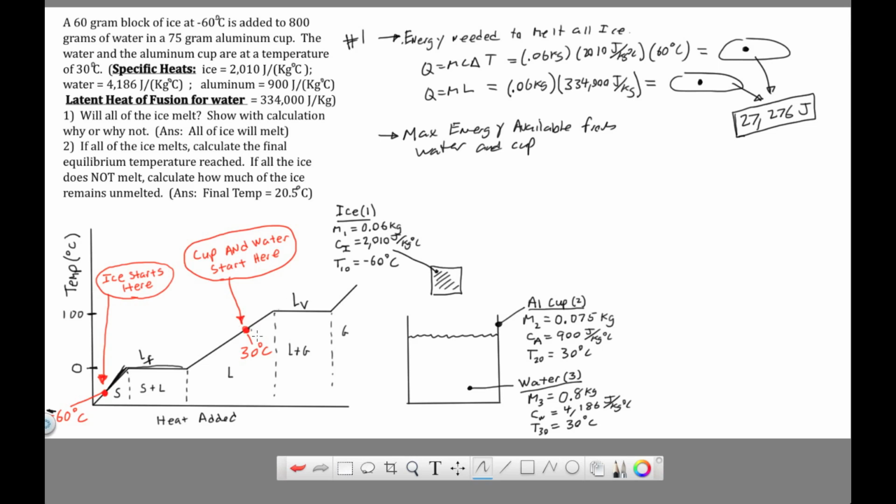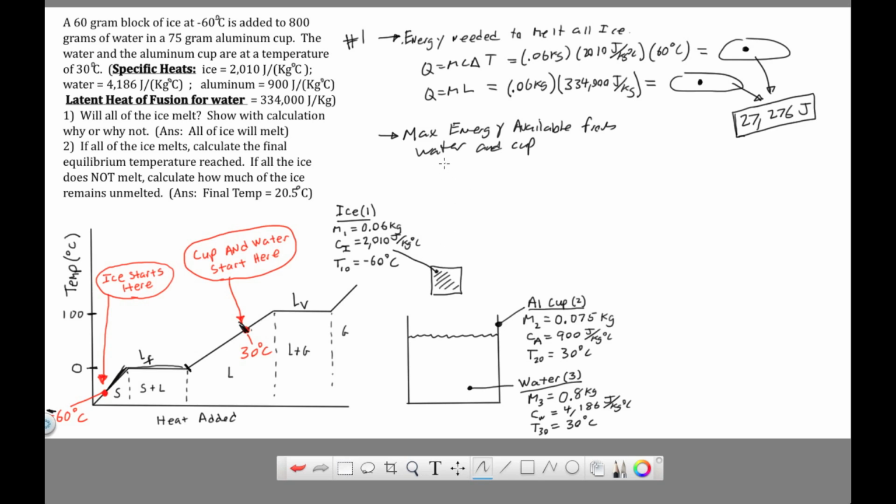So in other words, if the water and the cup cooled all the way down to 0, in cooling, the cup and the water are releasing energy, losing energy. So the maximum energy available from the cup and the water is the energy that the cup and the water lose in cooling from 30 degrees Celsius down to 0, because cooling to 0 is as far as it can cool.